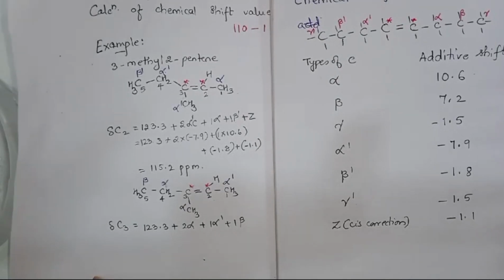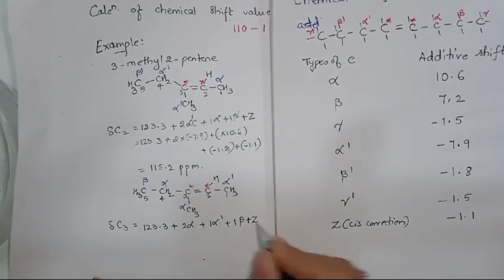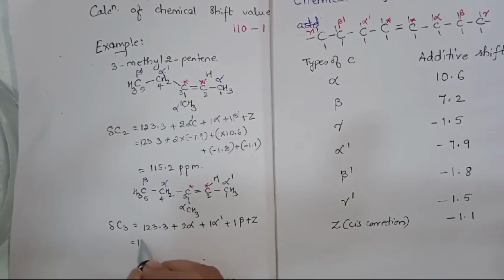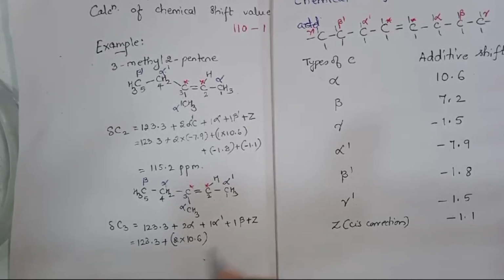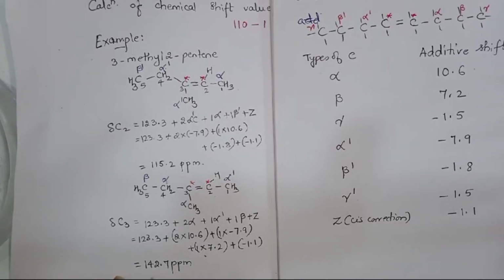Let us substitute the values plus Z correction, that is 123.3 plus 2 into the alpha value, and so on, that is 142.7 ppm as calculated value, which is very near to the observed value of 137.2 ppm.